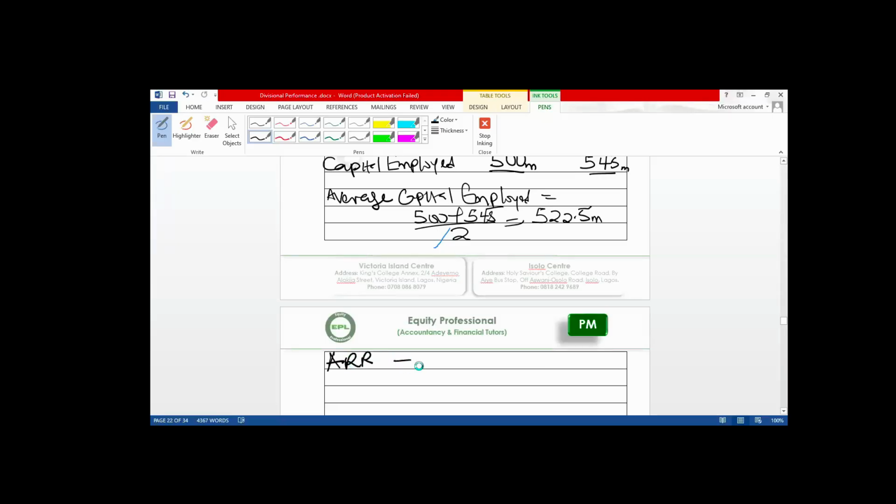Average rate of return is equal to average operating profits divided by average capital employed multiplied by 100, which is 14.35%. You are done with the 4 marks.